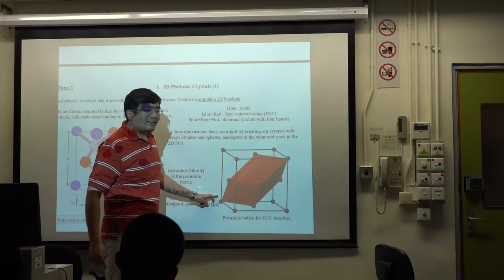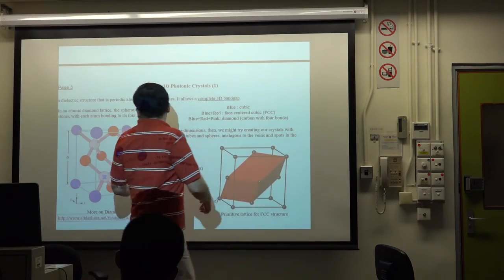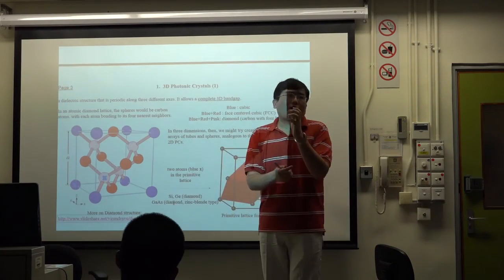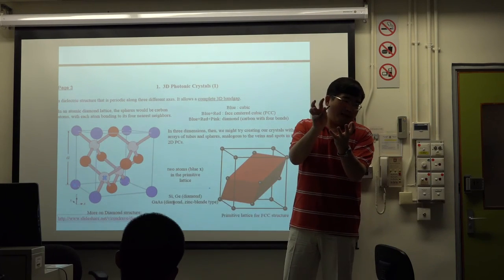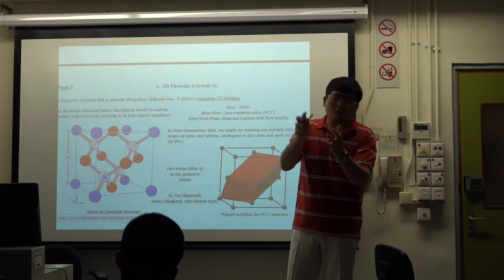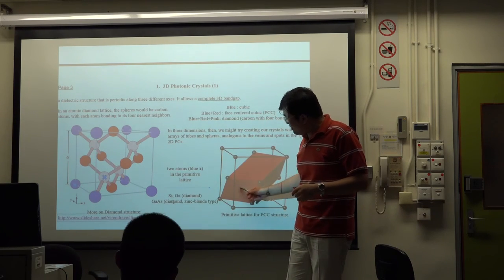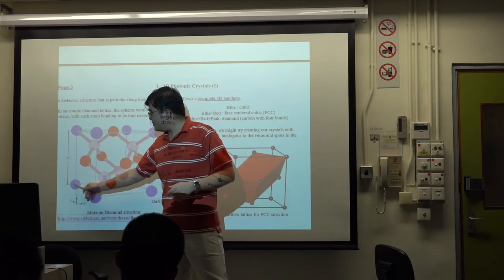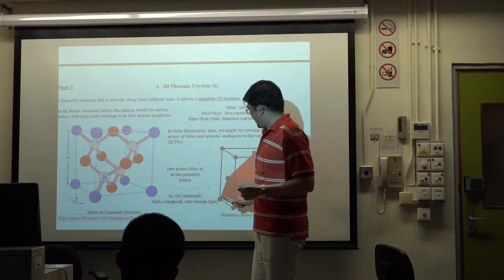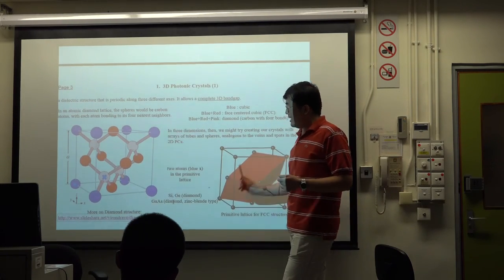These are the primitive vectors. We consider this primitive structure because the diamond is constructed by two FCC structures. I said, right, the original FCC is then shifted by a quarter. So they have two atoms within one primitive cell. This one atom here, another atom here.